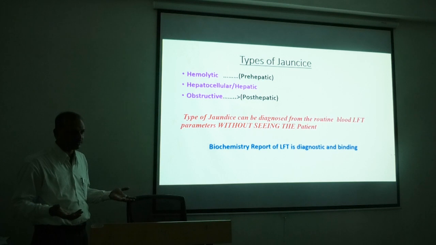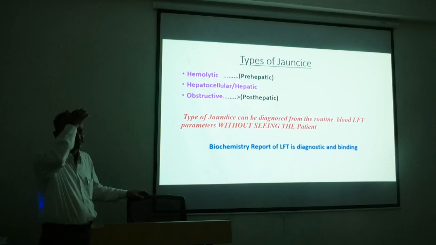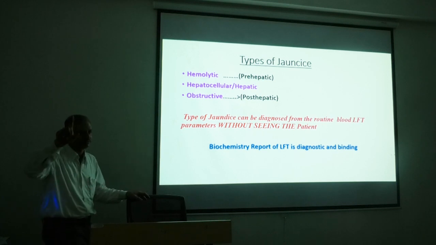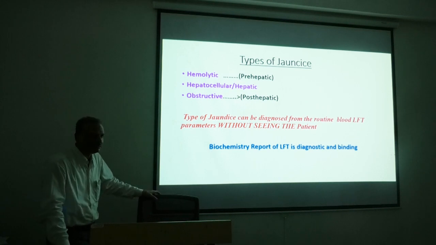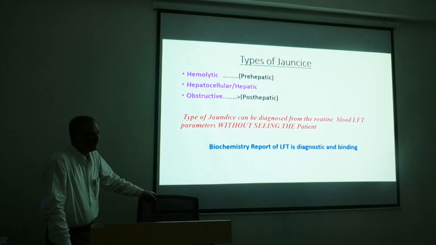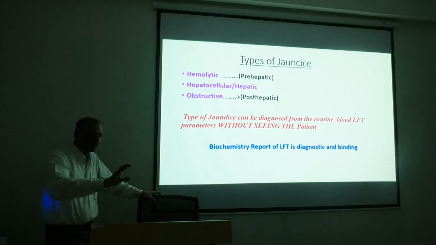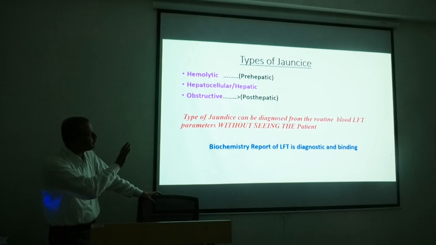So it is hepatocellular, but cholestasis is basically where there is obstruction to the flow of bile. Anything from the common hepatic duct to the bile duct, beyond the liver, is called post-hepatic.